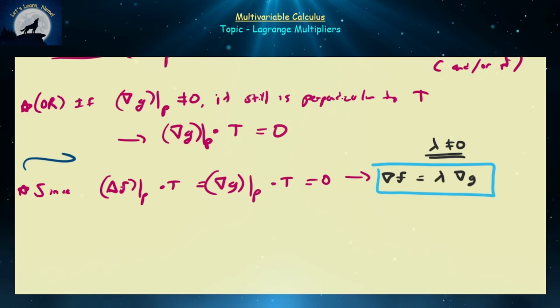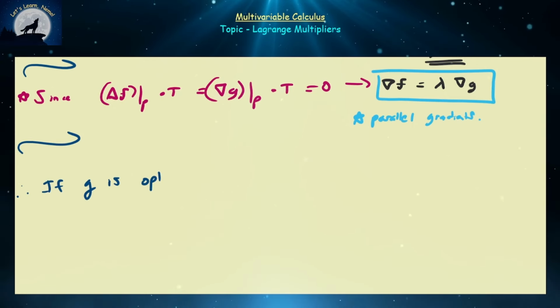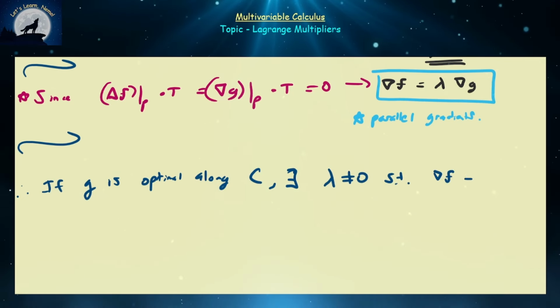So we have this very beautiful result, right? And this means parallel gradients. Okay? So what can we conclude from this analysis? That if f is optimal along C, then there exists (backward E means there exists, in case you don't know) a lambda not equal to 0, such that the gradient of f is equal to lambda gradient g, or you could also say that gradient g is equal to lambda gradient f if you're looking at it from the other direction.